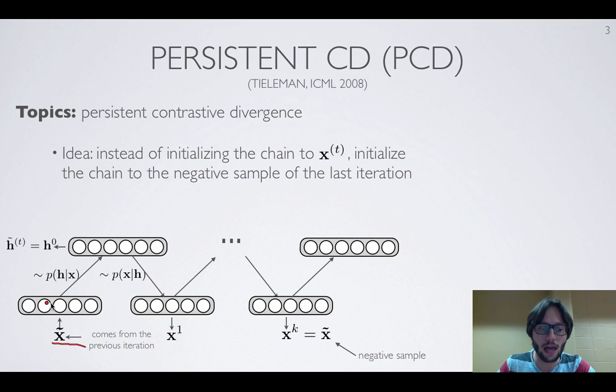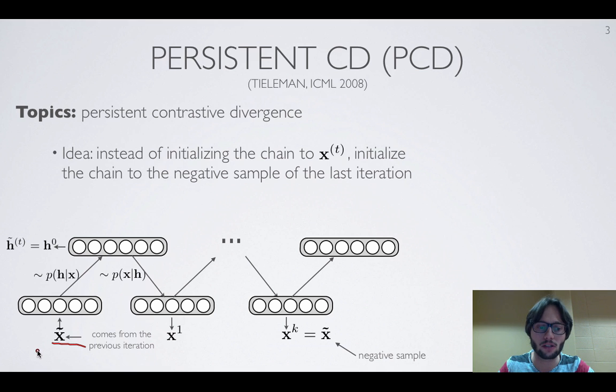But still, it will allow x tilde to wander much further away from the training examples than if I keep reinitializing the Gibbs chain to the training example. And in practice, what we see is that by performing this very small change, we get a much better estimator of the distribution, and much better performance in terms of negative log likelihood on the validation set or the test set, so on new examples.